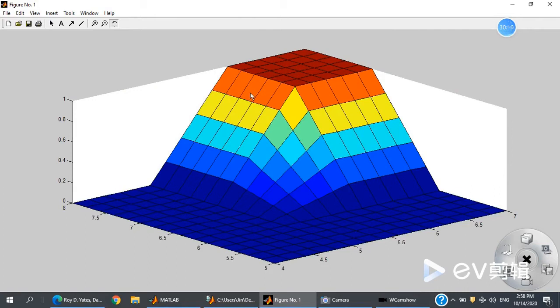Here we have 1, 2, 3, 4, 5 different pieces. The highest value piece is f equal to 1, and in the lowest area, f is 0.